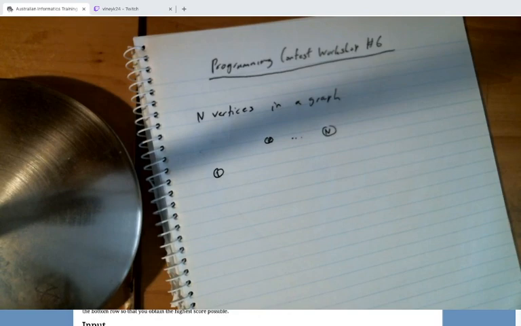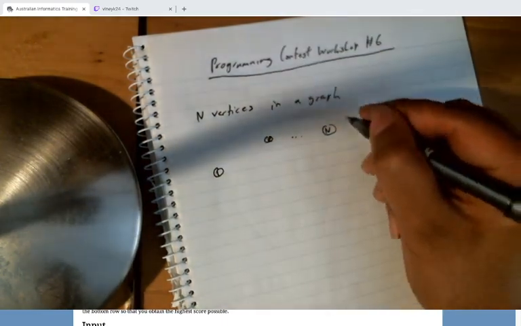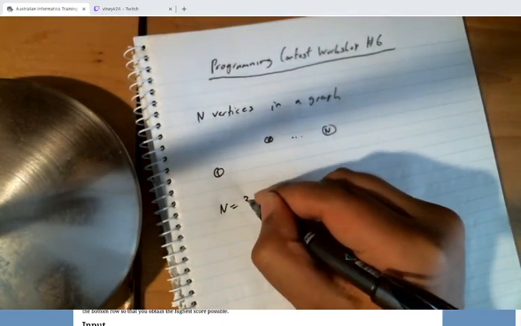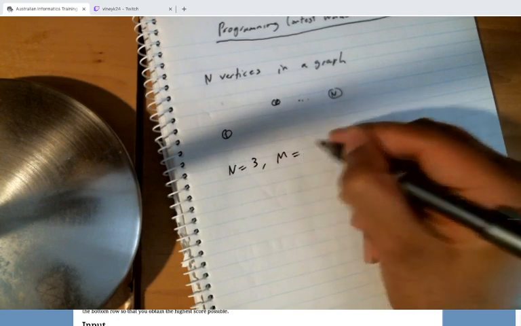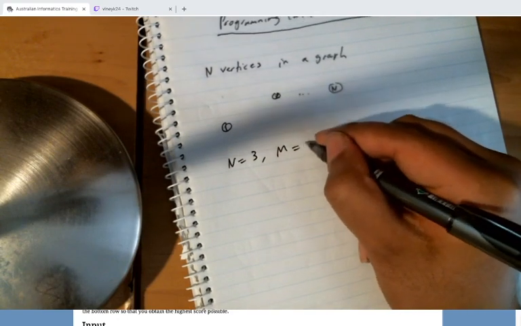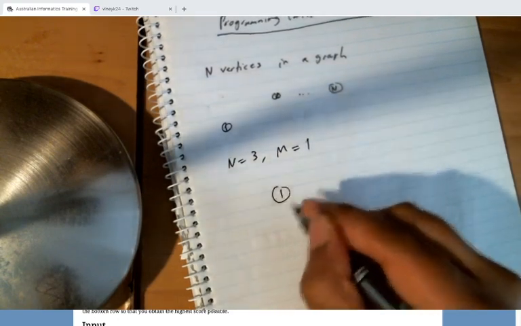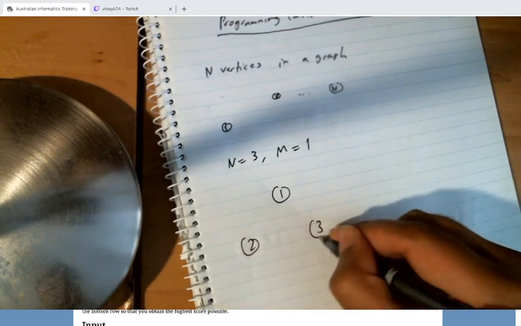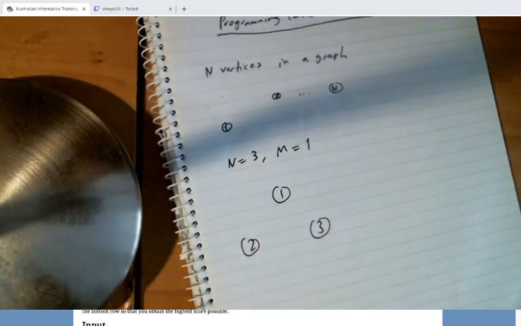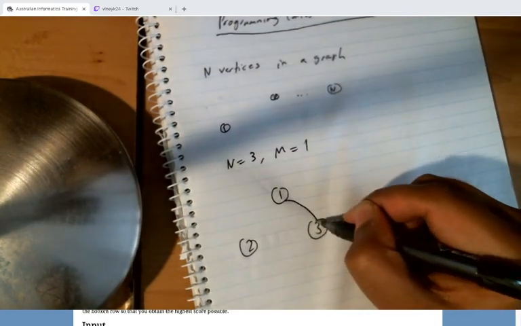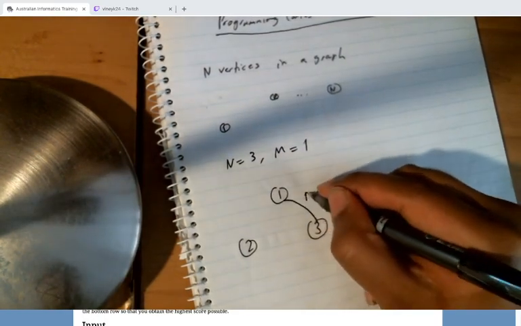And we have m black edges of length 1 that have already been connected. So for example, let's say n equals 3, m is equal to 1. Then we have these 3 vertices, 1, 2, and 3. And we have one black edge that has already been connected. Let's say it's this one. Let's label it B for black.